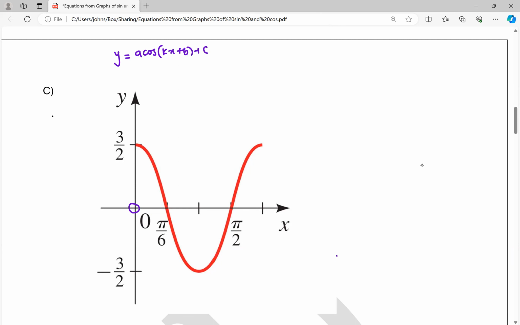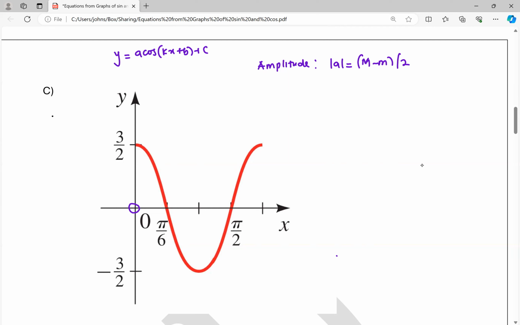So let's start with the amplitude. Our amplitude, the absolute value of A, is capital M minus small m divided by 2, right? And here, what can we see?